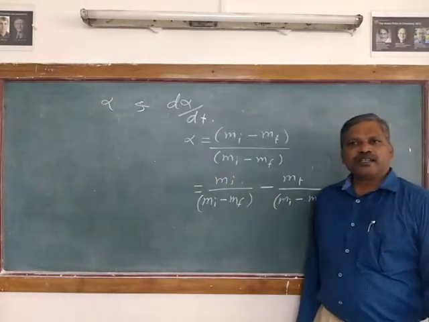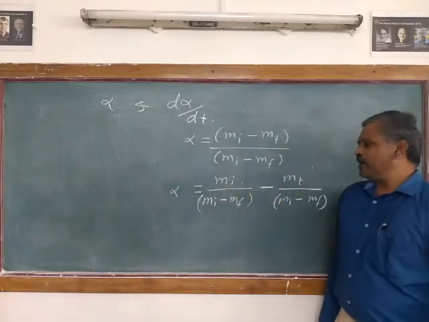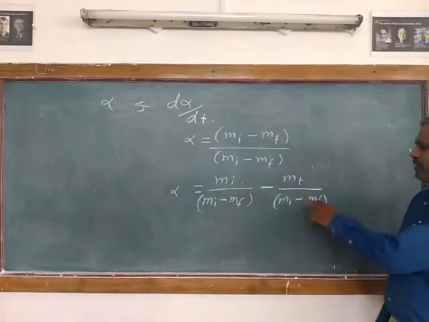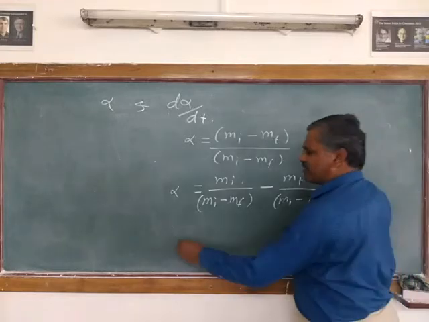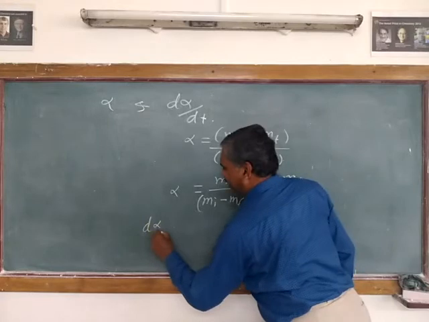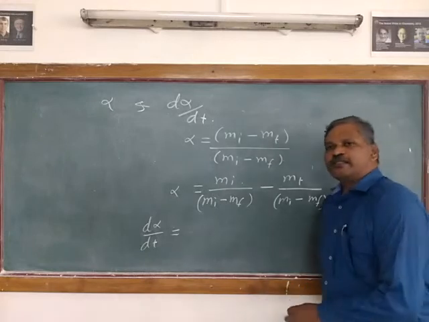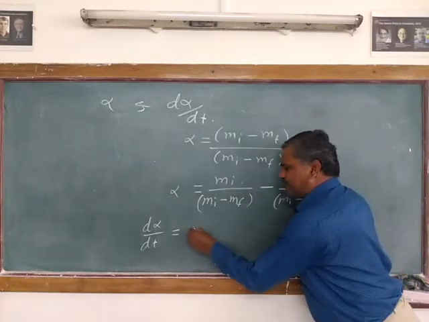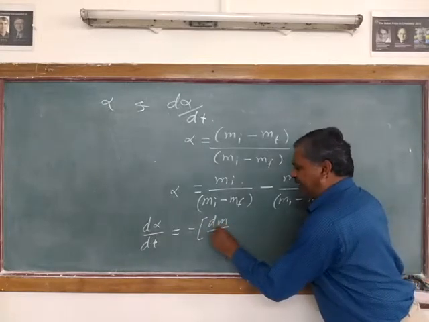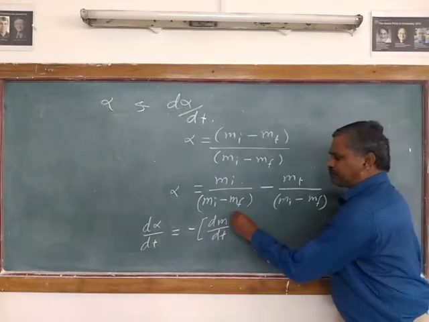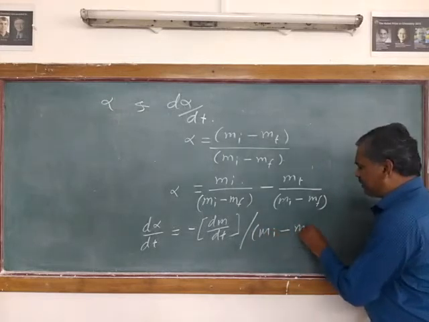On differentiating this equation with respect to time, d alpha by dt can be obtained, and the equation is d alpha by dt is equal to minus dm by dt divided by mi minus mf.